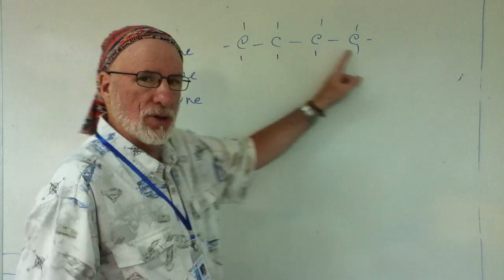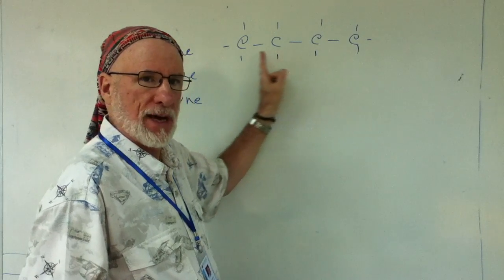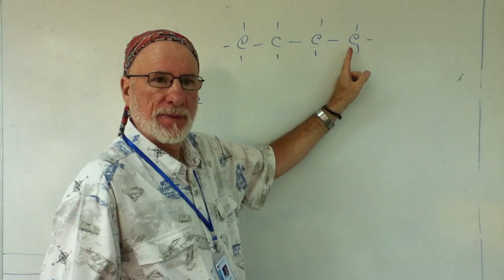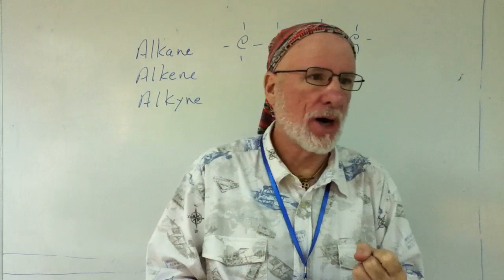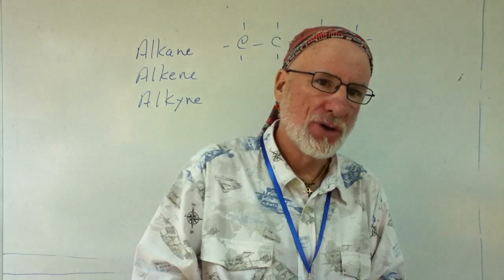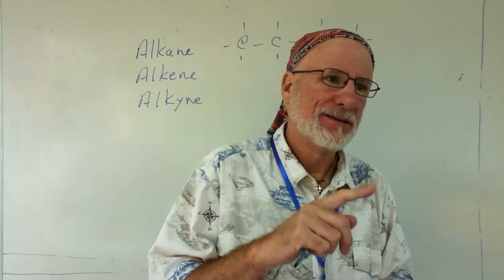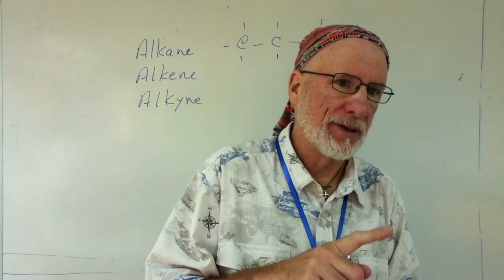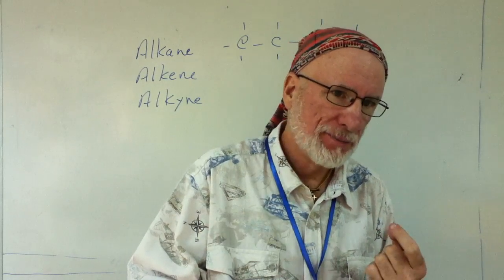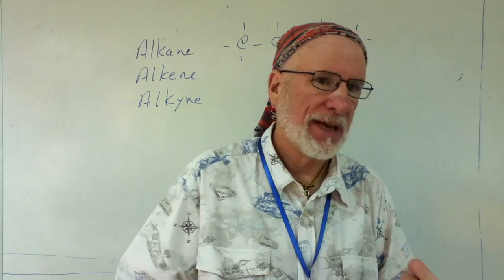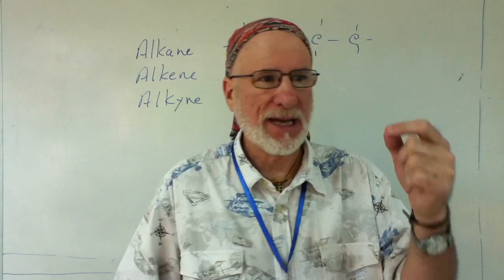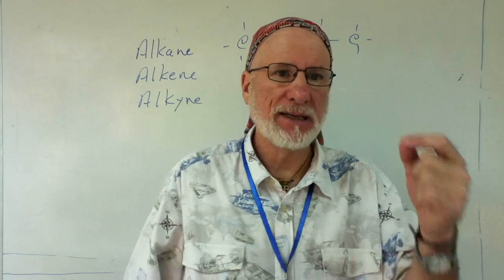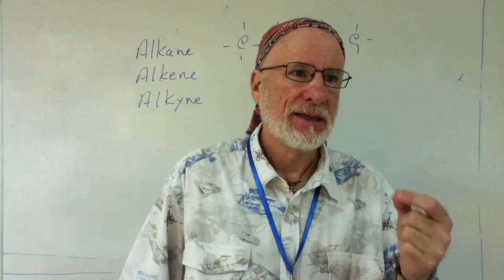Where you have all single bonds, you have an alkane. And we have one carbon is methane, two carbons is ethane. Help me out here, guys. So talk to me. Propane, butane, pentane, hexane, heptane, octane, nonane, and decane.